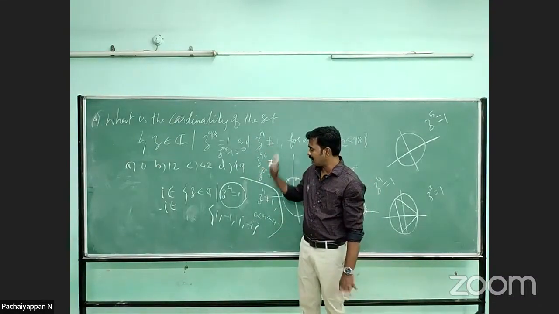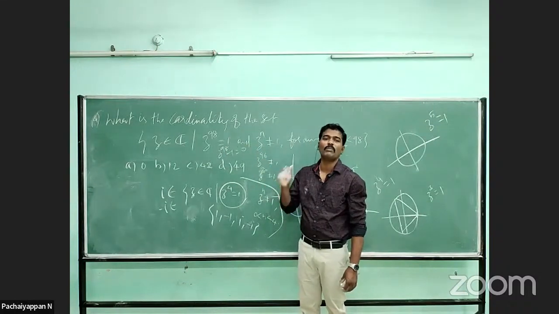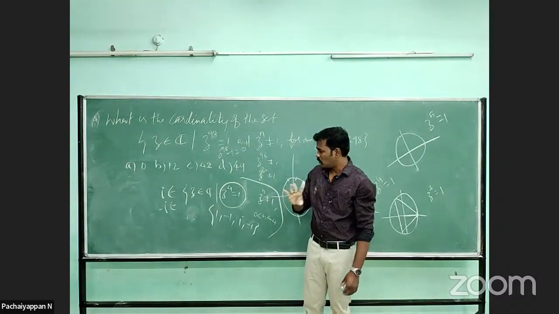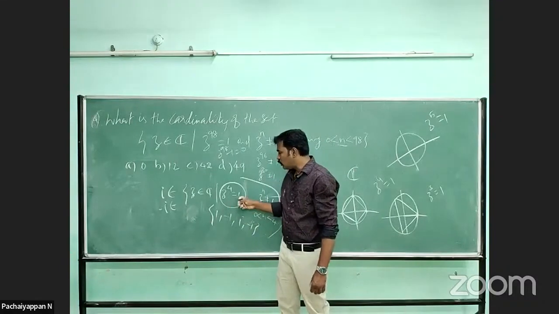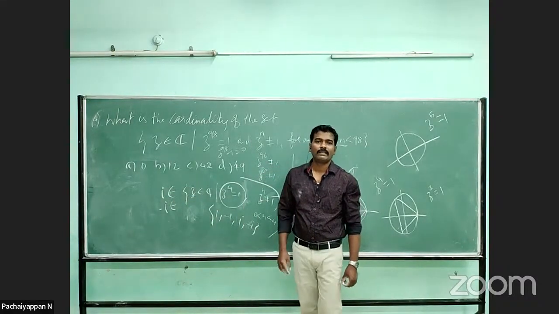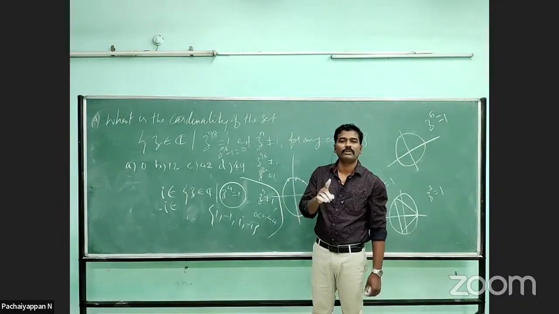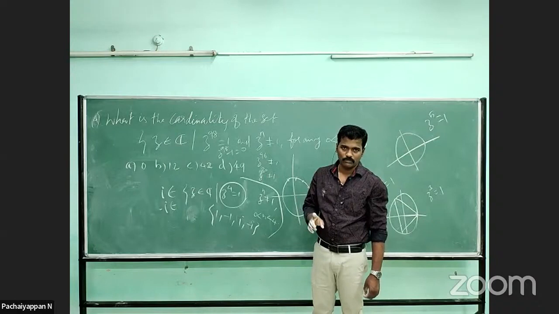So instead of 4, you write 98. How many elements are there? One more point: this is a group and these 2 elements are generators. I told you the nth roots of unity form a cyclic subgroup in C star. I'm not going to prove it, it's very simple.